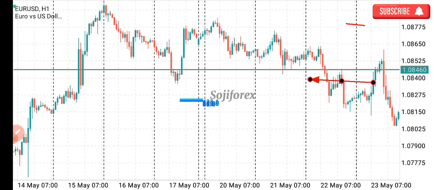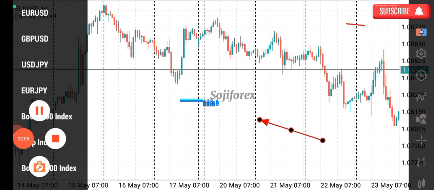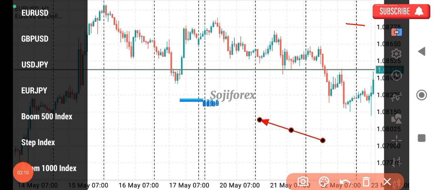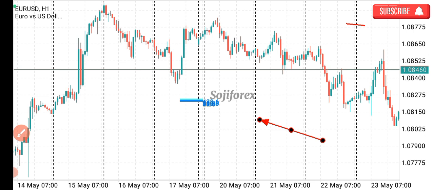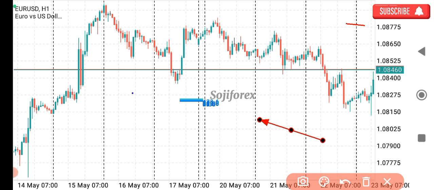And structurally, the most important point of a downtrend is the lower high. When we talk about the lower high, we are referring to this zone. We are referring to these zones here as the lower highs.